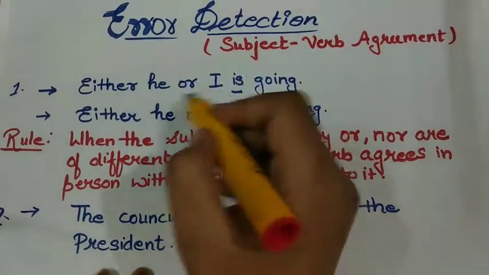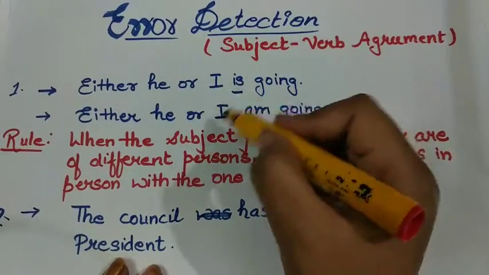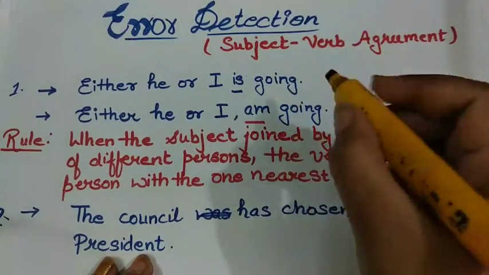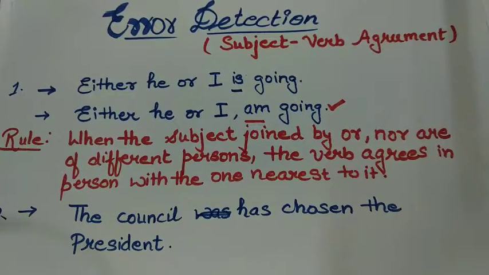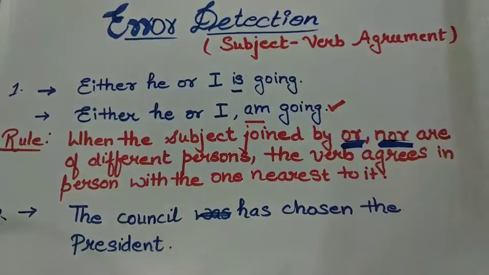Now, I is a singular subject, "is" is a singular verb, and "am" is also a singular verb, but the correct sentence will be the second one, that is, either he or I am going. Why? Because the rule says, when the subjects joined by or, nor are of different persons, the verb agrees in person with the one nearest to it.